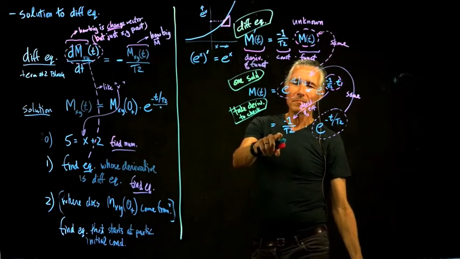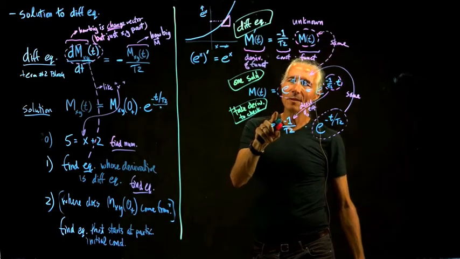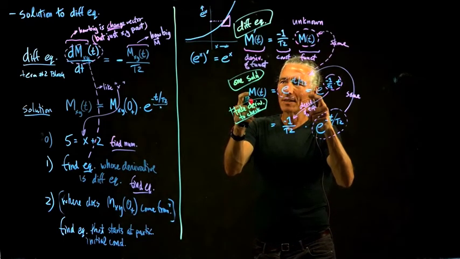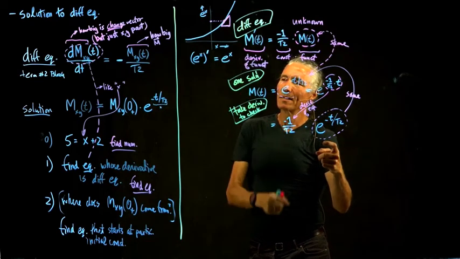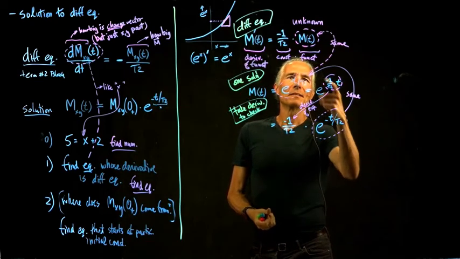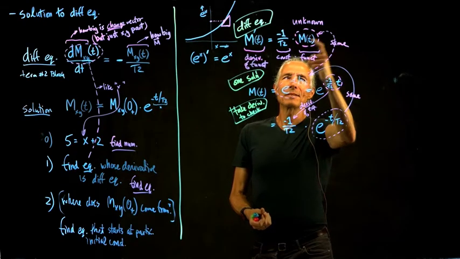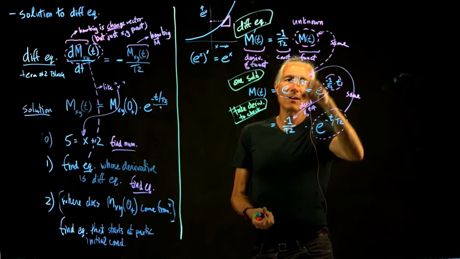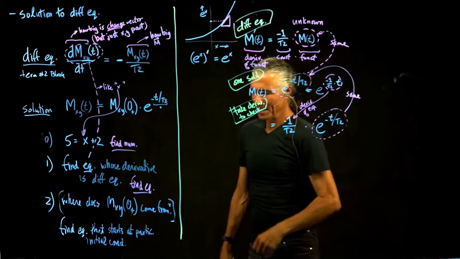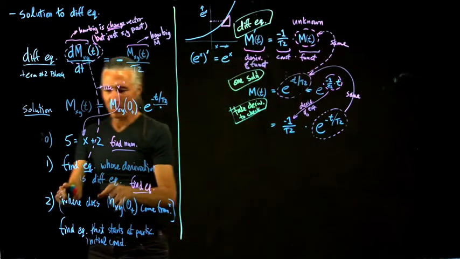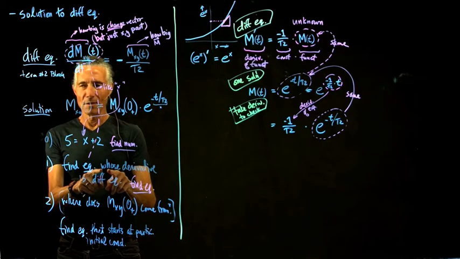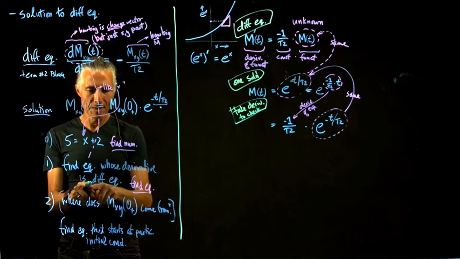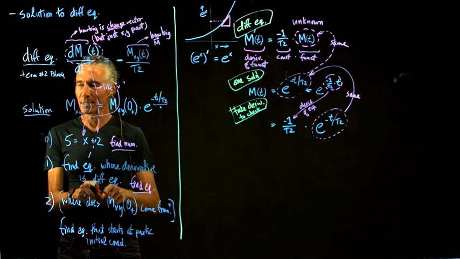So when I take the derivative of our solution, what happens is I get a function that is the same as our unknown function. And so that solves the problem for us. We find an equation that when you take the derivative of it, you get the differential equation.